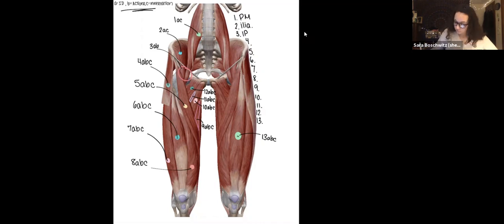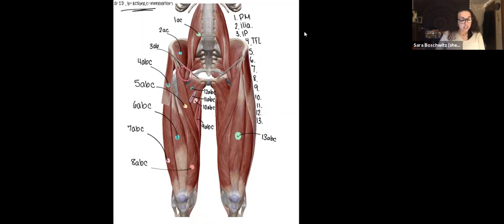All right, number four, we have the tensor fasciae latae, or TFL. So that is going to aid with hip flexion, medial rotation of the hip, and abduction of the hip.